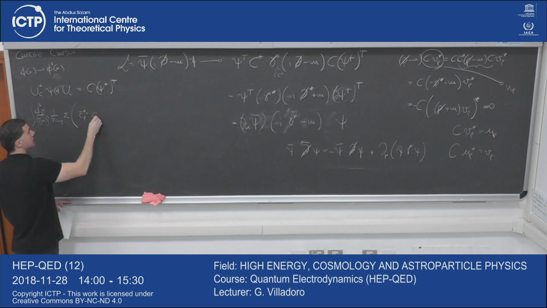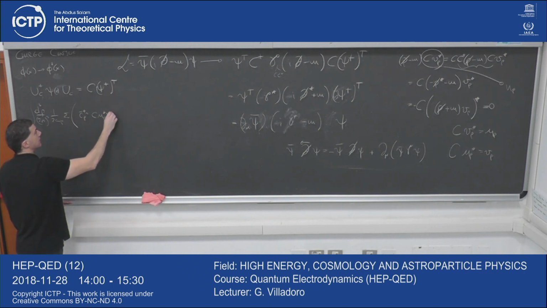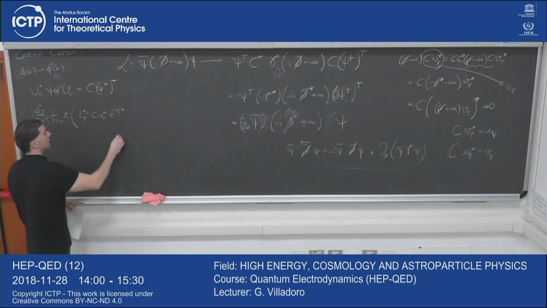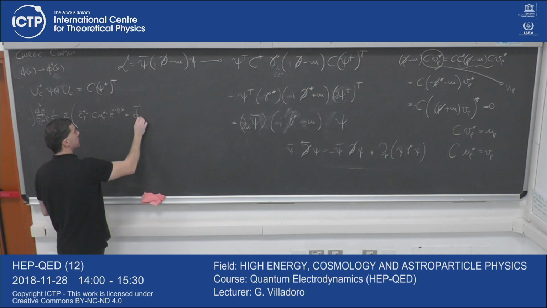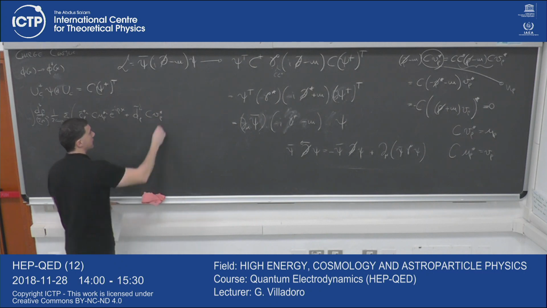The U here gets a C U P, and there is a dagger and a transpose, so it's a star. The D gets a dagger, but it was already dagger, so it becomes normal. And the V gets only a star.